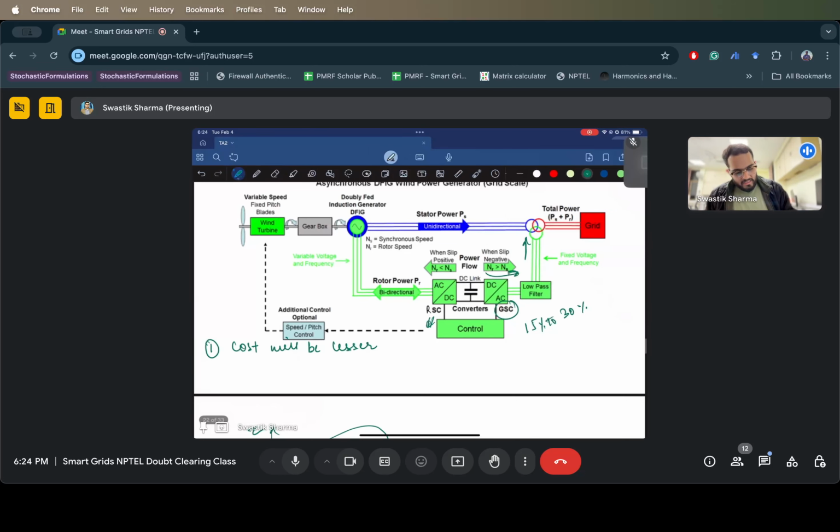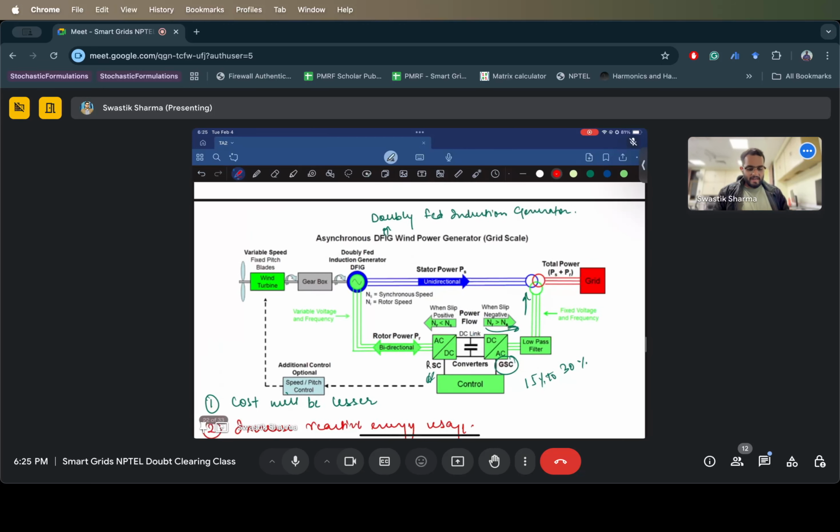But they suffer from one thing called increased reactive energy usage. Why is that? Can anyone tell me how an induction machine works? In an induction machine, there are windings which are supplied with three-phase AC currents, which produce a rotating magnetic field. Because they produce a rotating magnetic field, they consume reactive energy.